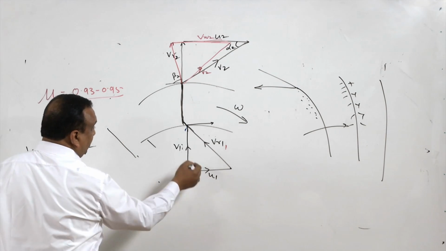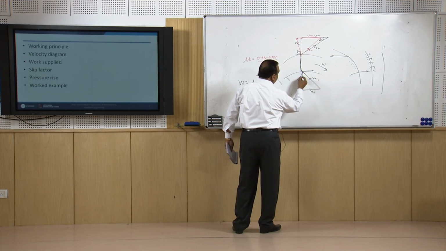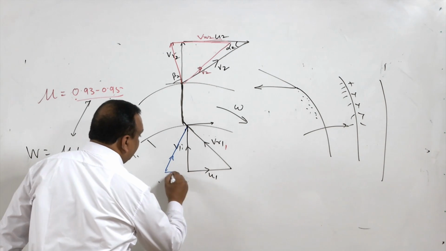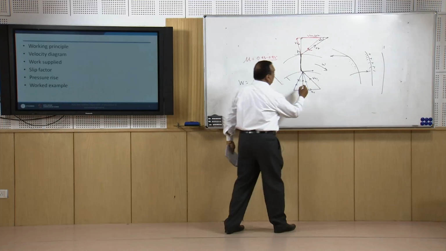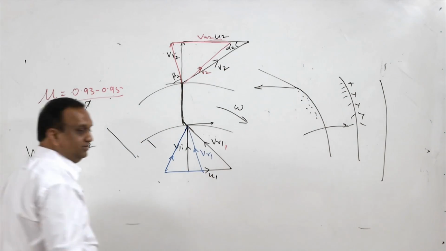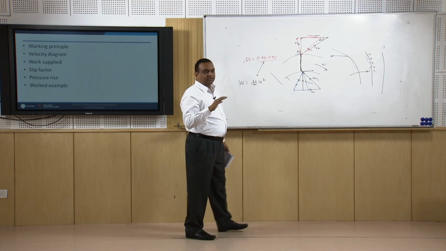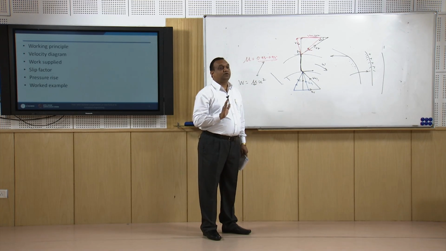So, instead of radial entry, this angle is changed. When we change this angle, then the relative velocity at the inlet is also changed, or relative velocity at the inlet is reduced, and that avoids the choke flow inside the compressor, which is not desirable.